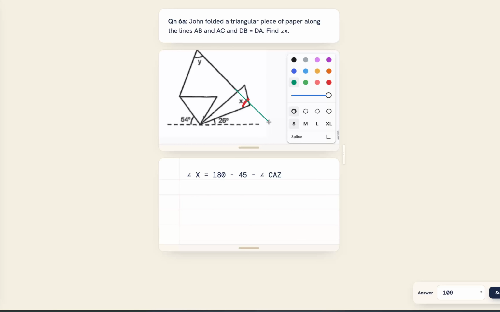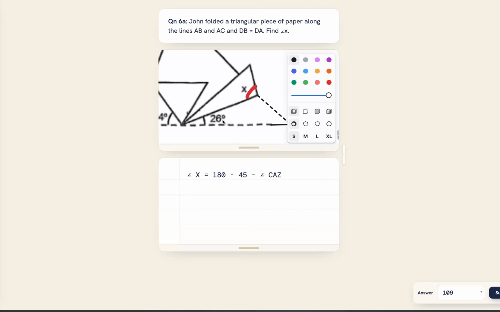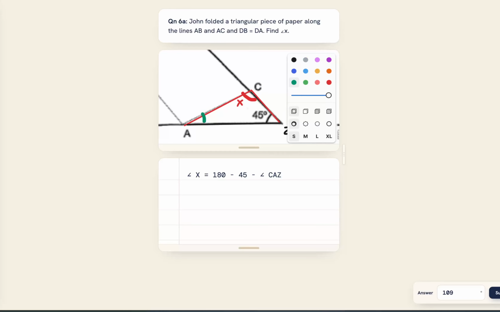If I draw out the folded angle, then this green angle is actually 26 degrees. So angle CAZ equals 26 degrees. Therefore, angle X is 180 minus 45 minus 26, and this is 109 degrees.